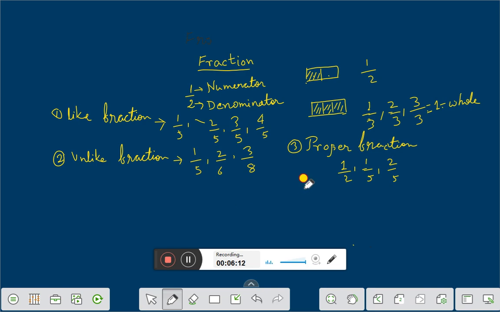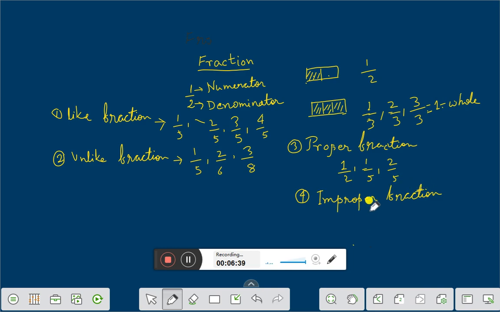Next one is improper fractions. What are improper fractions?